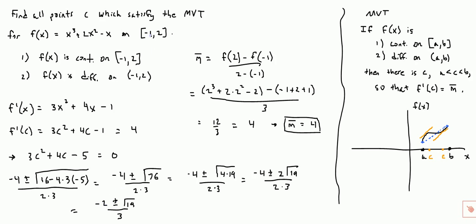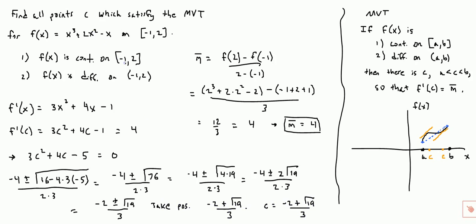It's not going to be in our interval. So we're going to take the positive root, negative 2 plus root 19 over 3. So this is C. C is negative 2 plus root 19 over 3.